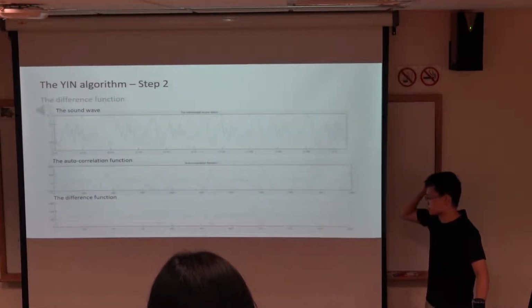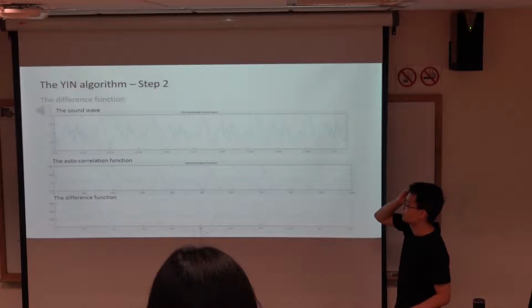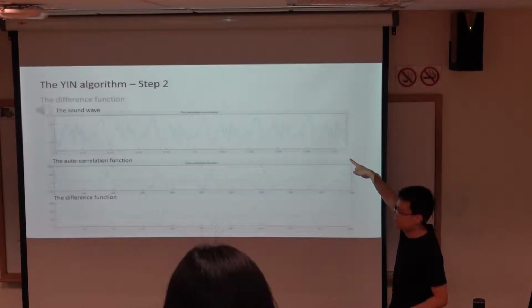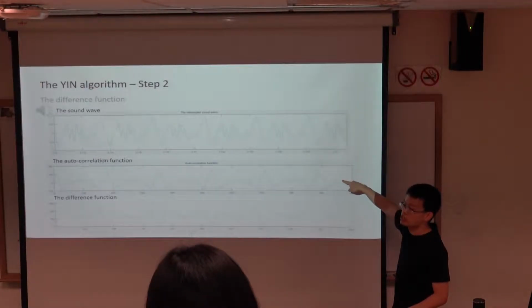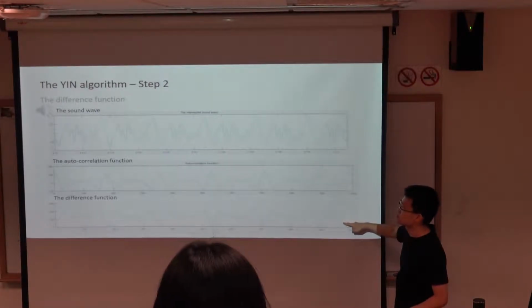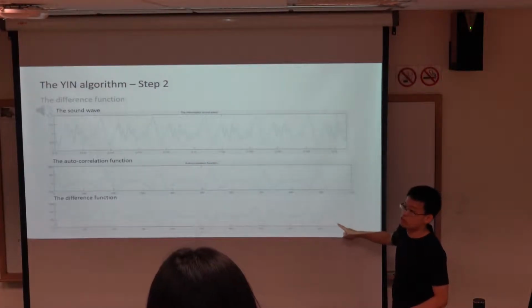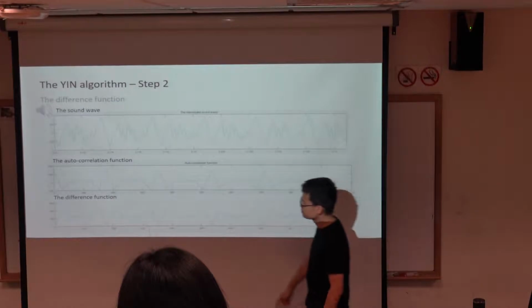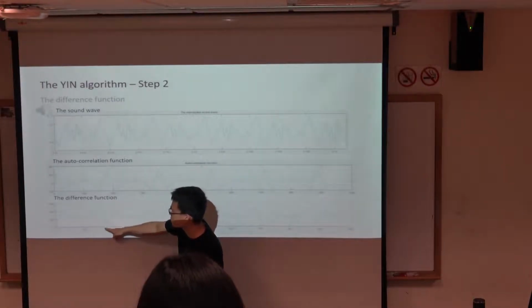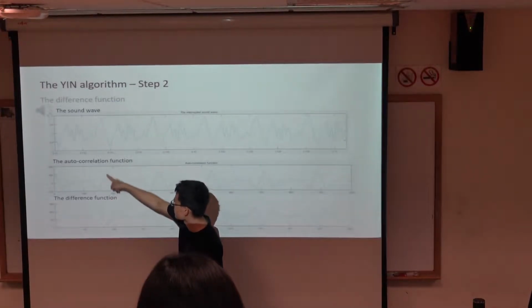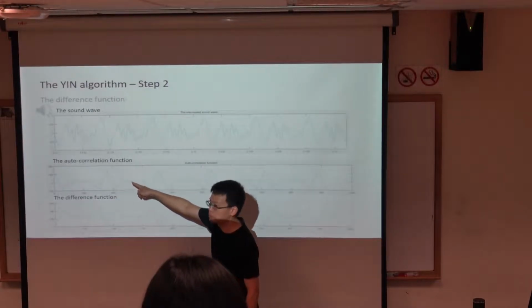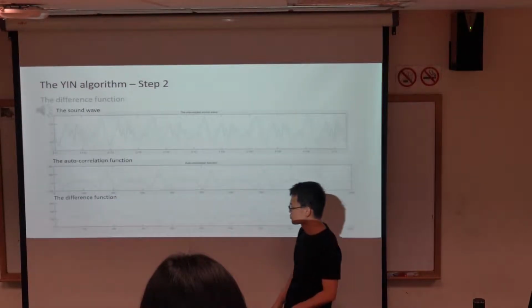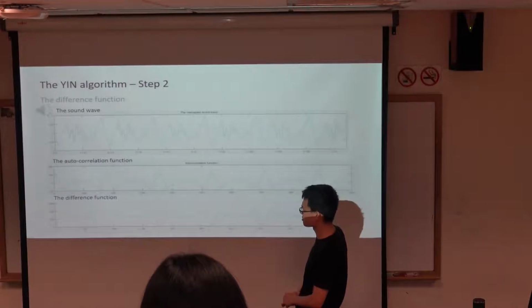Okay, let's look at what it is like. This is the original wave. This is the autocorrelation function, and this is the difference function. So the minimum appears exactly at the same position as the maximum. So it seems it doesn't make any difference.